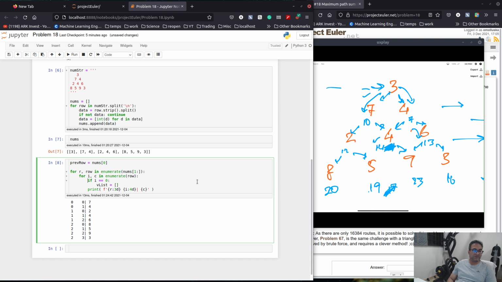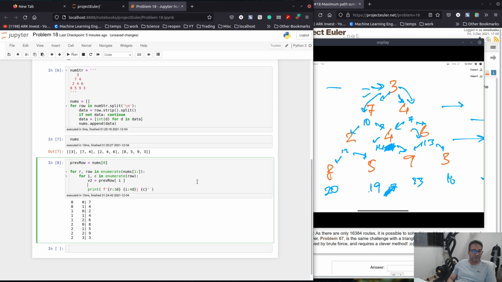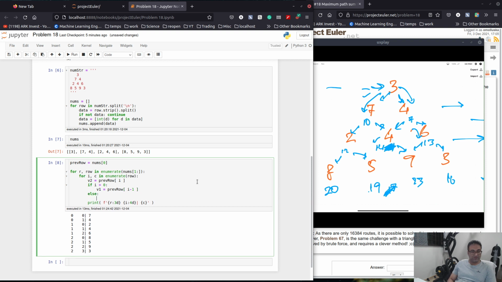Oh wait, there's a better way to do this. v2 equals previous row at the same index, and v1: if i is greater than 0, v1 equals previous row[i minus 1], else v1 equals 0.